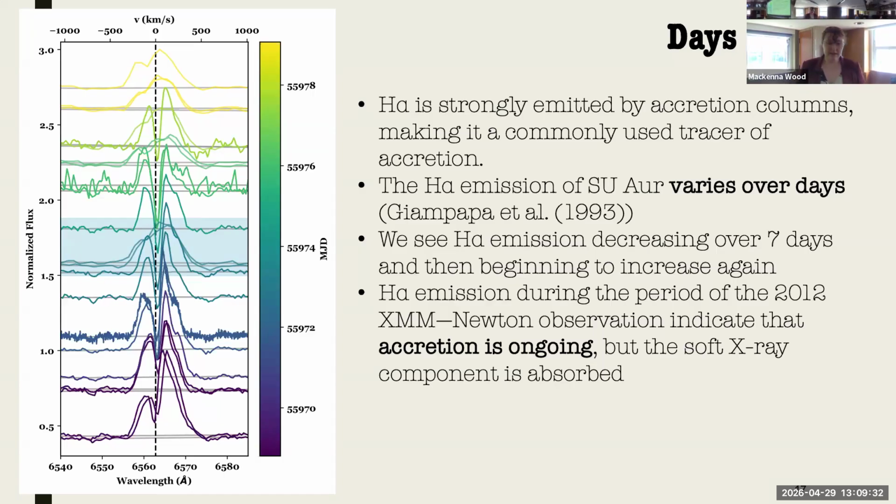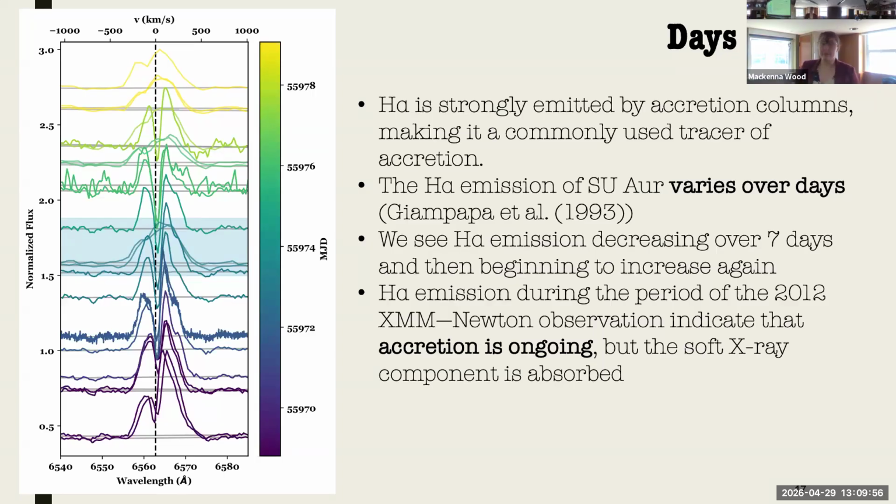And so what this indicates is that the amount of accretion is changing and varying over days. We knew that back in the 1990s. This has been seen before on this particular star. But here we see that period of decreasing over about 7 days and then beginning to increase again a little bit more clearly. This is also simultaneous with the XMM Newton observations.